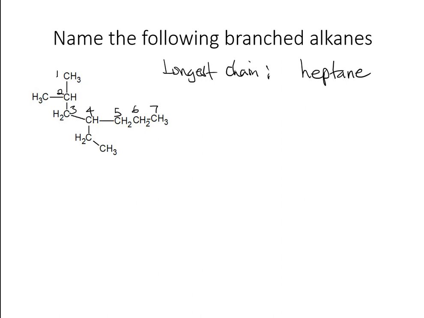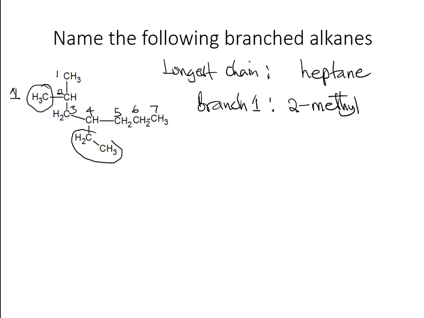It has 2 branches. At carbon number 2, we have a methyl. So branch 1, we have a 2-methyl, which means we have a methyl branch at carbon number 2. So this is branch 1. Now this is branch 2.